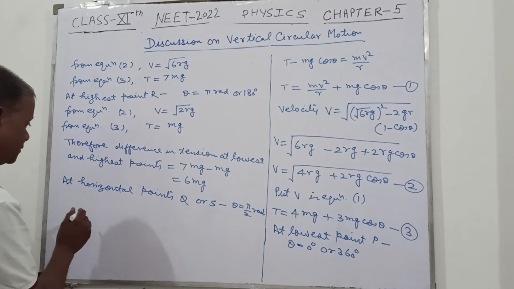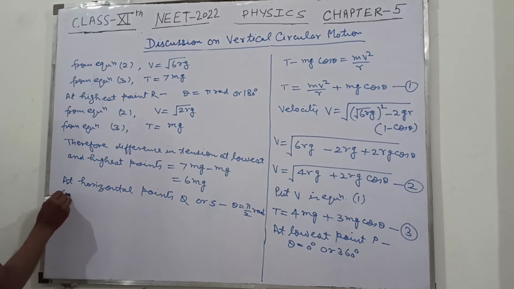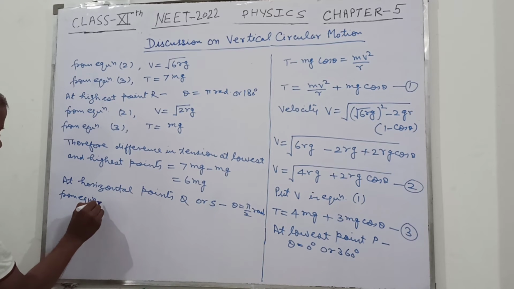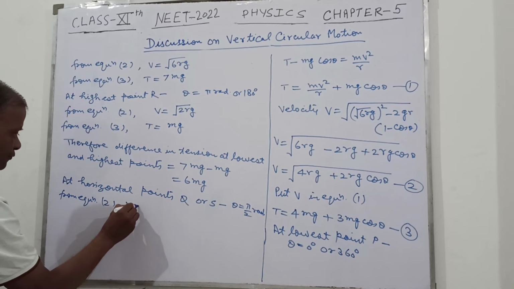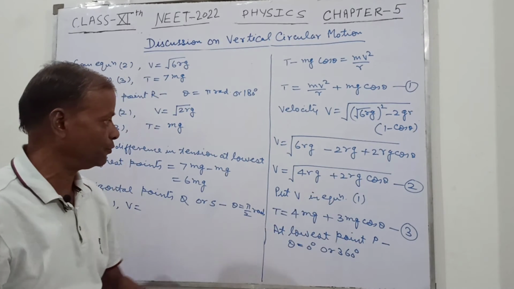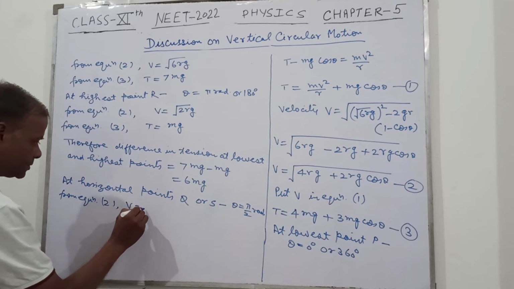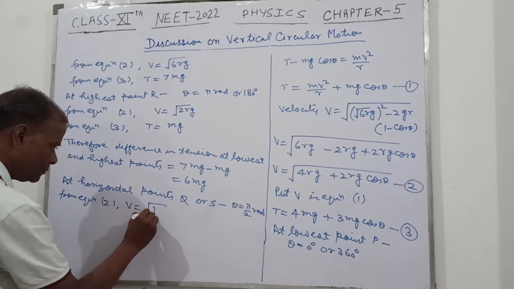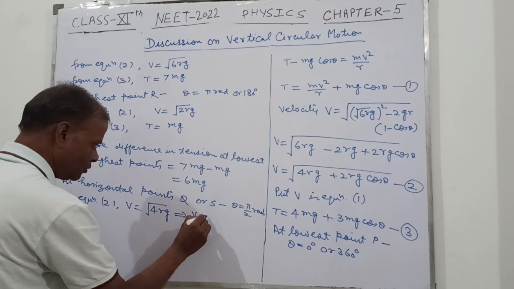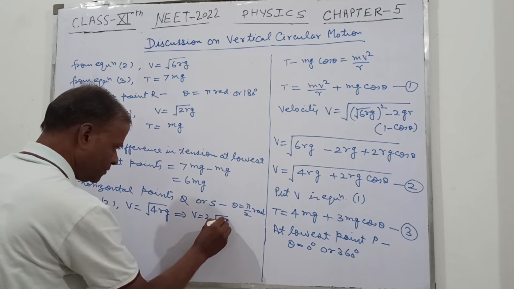So from equation 2, this v squared is equal to how much? Cos pi by 2 is equal to 0. So this is now your 4R, or this v equal to 2 square root of R.